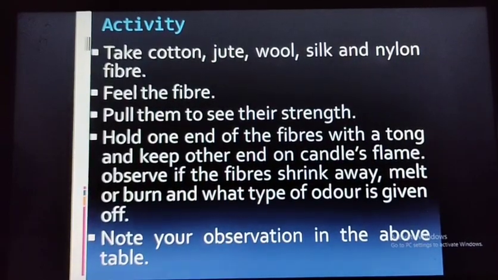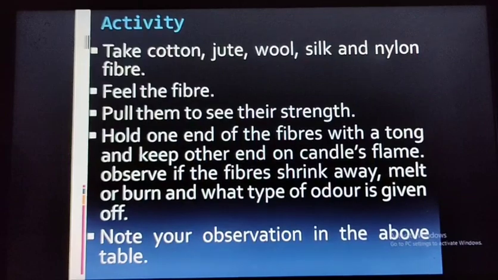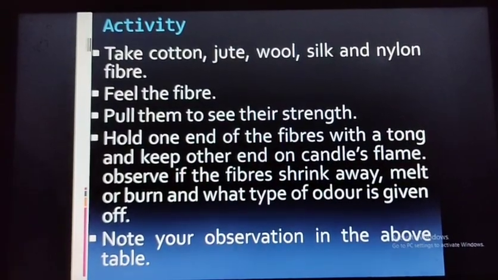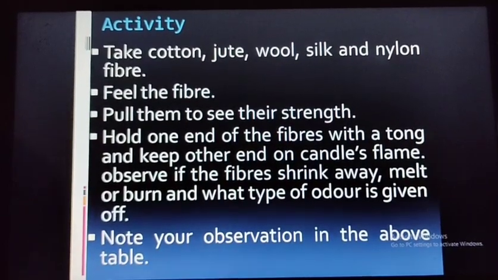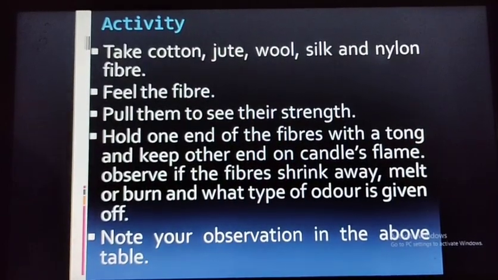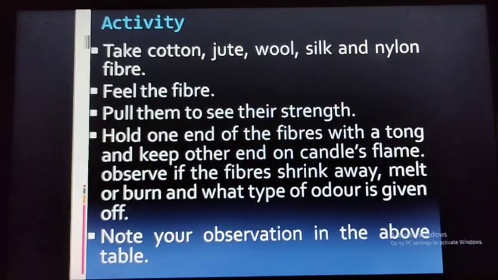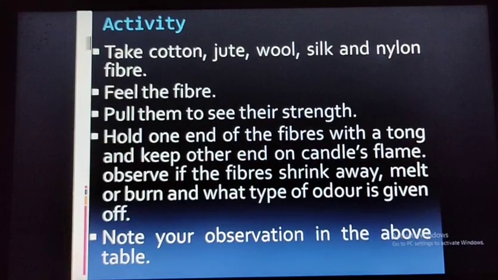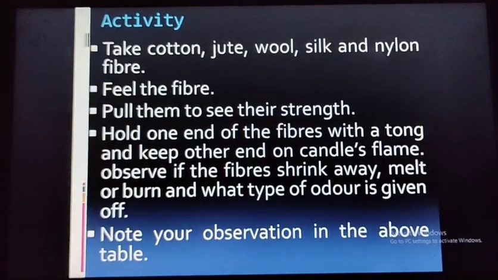Observe if the fibers shrink away, melt or burn and what type of odor is given off. Students, for performing this activity, kindly take the help of your elder brother, sister or parent. You can pause the video for performing this activity and resume the video again.